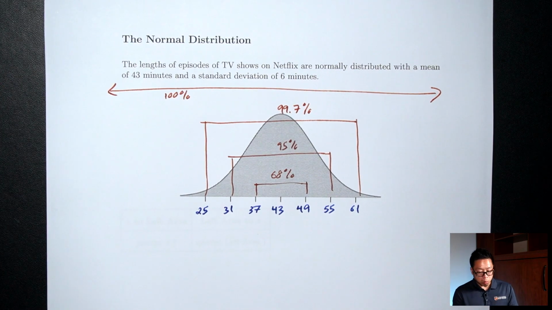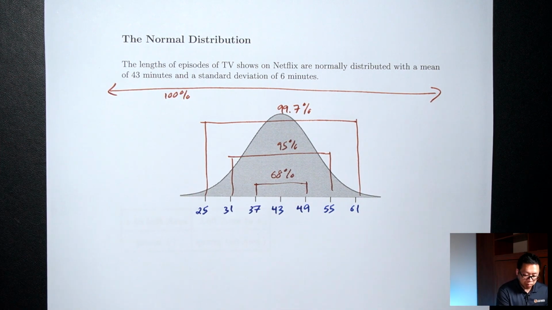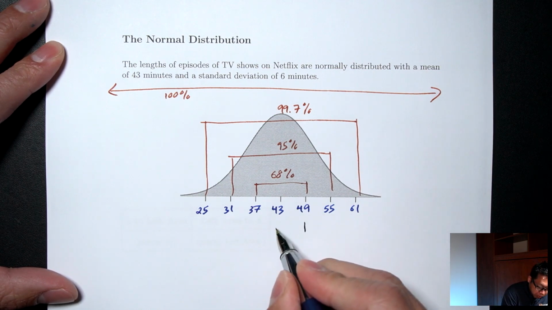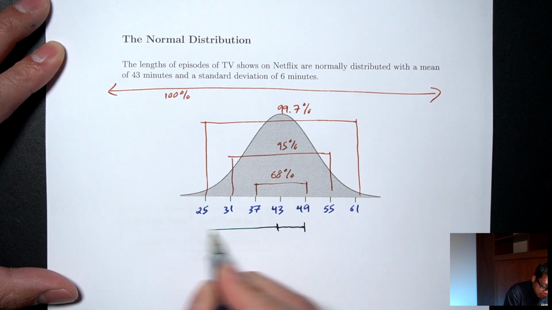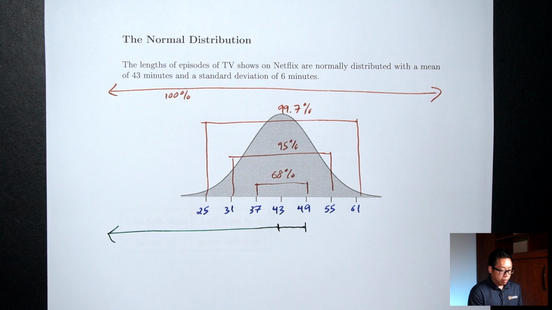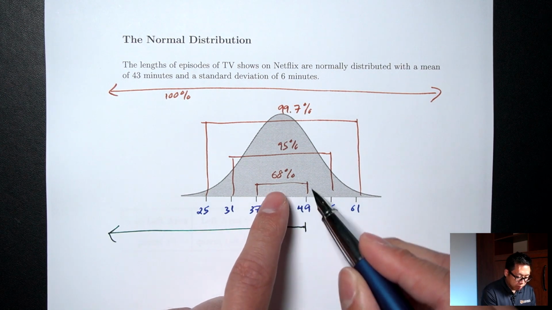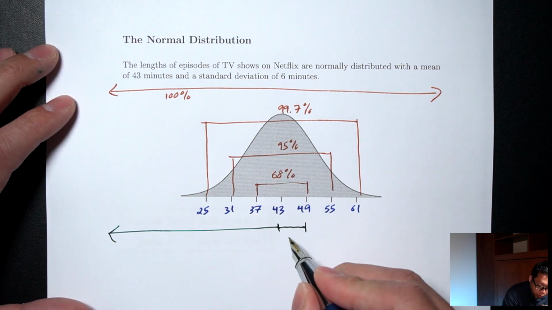And using the empirical rule, we were able to answer questions like, what percent is less than 49, or what percent is below 49. And the way we found that was we broke this up into two pieces. So 49 to the middle, and then the middle all the way to the left. 49 to the middle should be half of the 68%. So half of 68% is 34%.